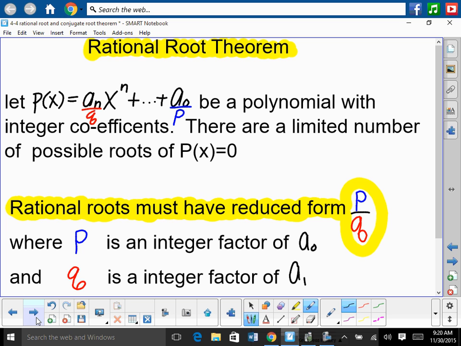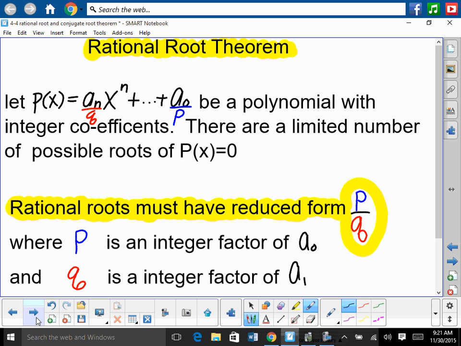So let p of x equal to that be a polynomial with integer coefficients, meaning whole number coefficients. There are a limited number of possible roots when p of x is set equal to 0. Okay, so rational roots must have the reduced form p divided by q, where p is the integer factors of a sub naught, so p is the factors of the last term here, and q is a factor of a sub n.